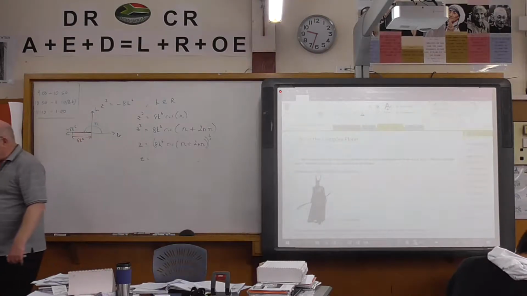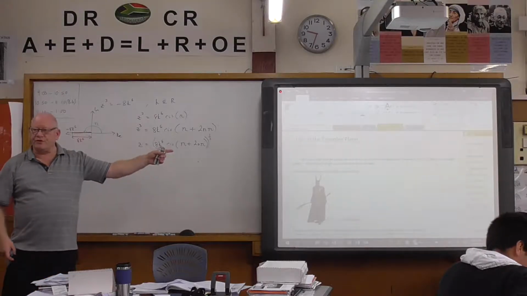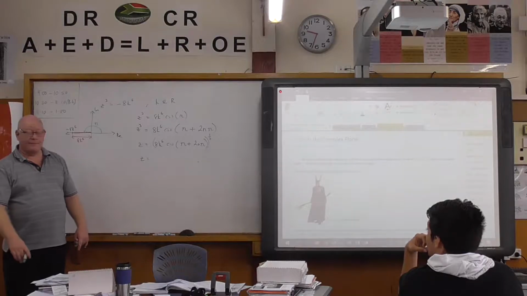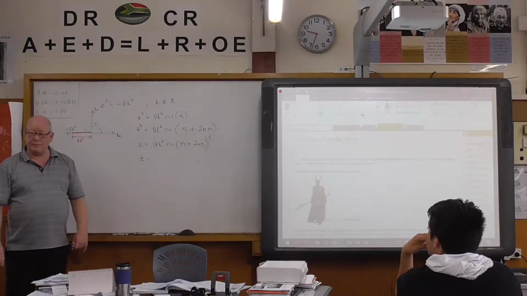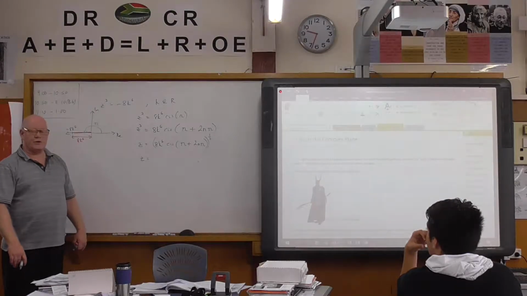You'd find the cube root of 8k to the power of 6, and you would divide pi plus 2n pi by 3. So you're using what theorem?